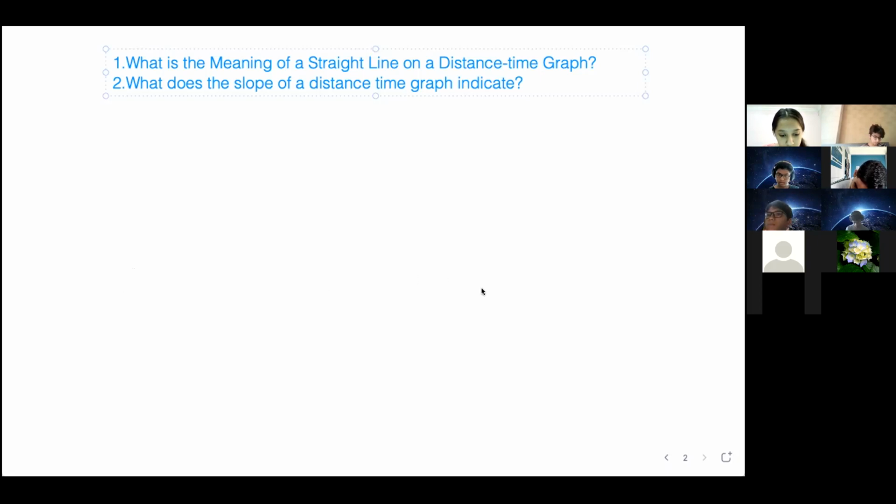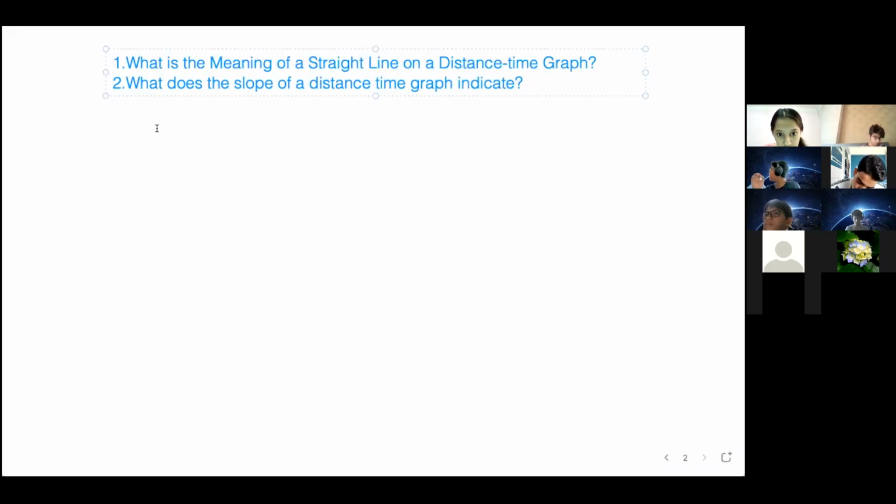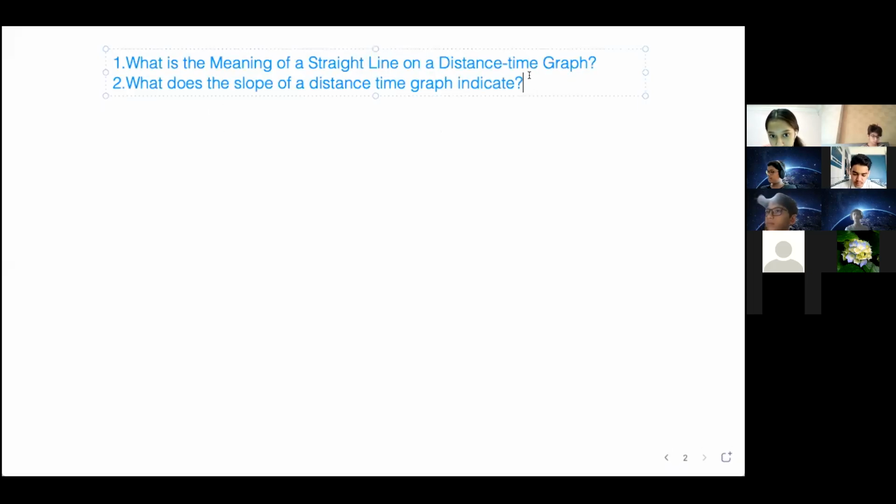Ma'am, for the second, the answer is the speed of the object is variable, right? No, for the second one, you have to say that the slope of any graph, any distance time graph, whether it is a curved line, a horizontal line or a straight line, will give you speed only.